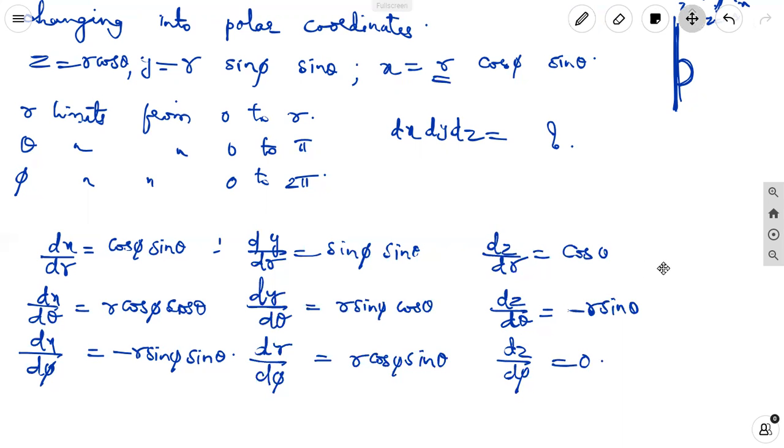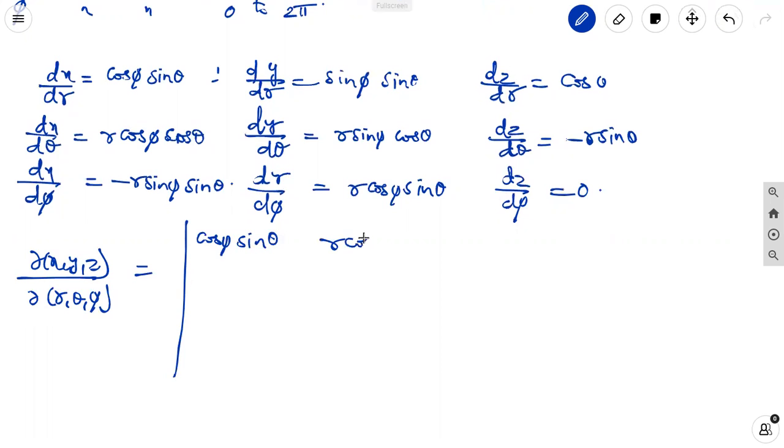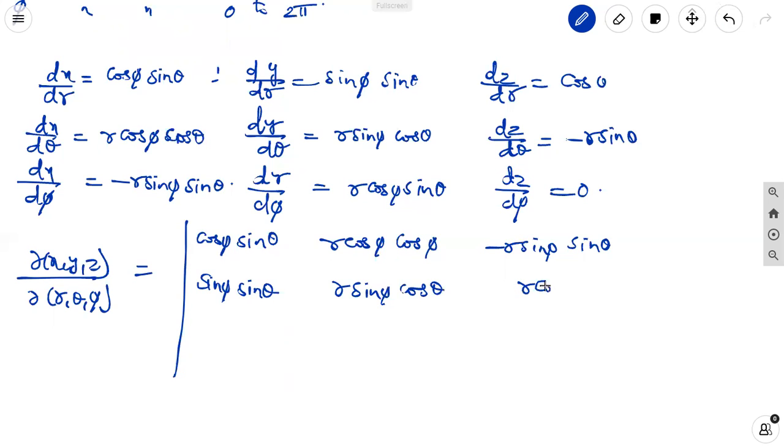So the Jacobian function, dou of x comma y comma z by dou of r comma theta comma phi, is equal to the determinant: cos phi sine theta, r cos phi cos theta, minus r sine phi sine theta; sine phi sine theta, r sine phi cos theta, r cos phi sine theta; cos theta, minus r sine theta, 0.